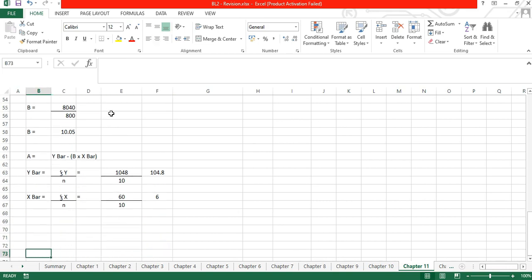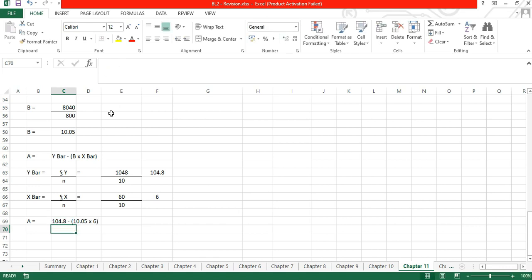Okay. Now find A. A will be equal to 104.8 minus B, which is 10.05, multiplied by x bar, 6.